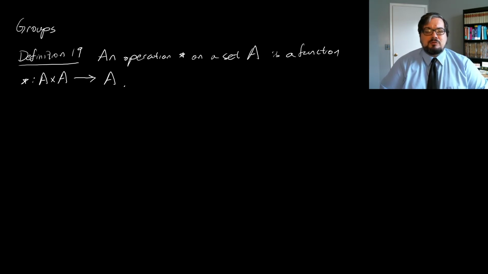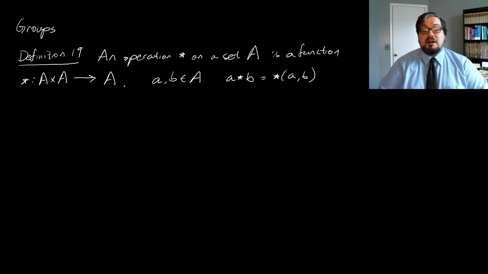So we usually write this in the following way. If a and b come from A, then a star b is the way that we write down the image of the pair (a, b). So the point is that we take an a, we take a b, and we put them together and we get a new element out of the set A.